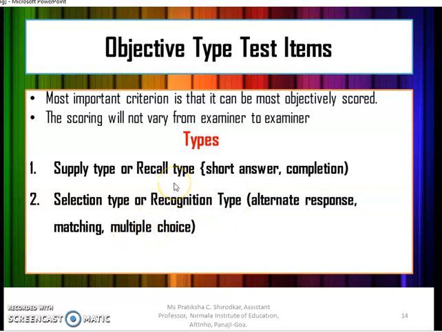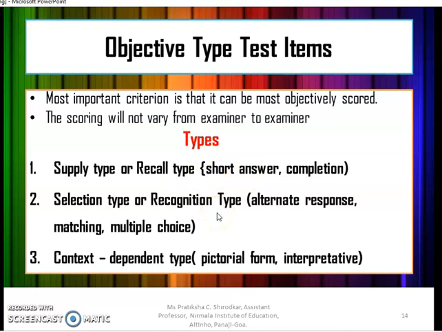So, you need to remember that when you frame an objective type question, you can either go for supply type, also called recall type, or selection type, also called recognition type. Third is the context-dependent type, which is a bit rare, but is used in many papers, wherein the concept is presented in a pictorial or interpretative form, and the students are supposed to answer the question.